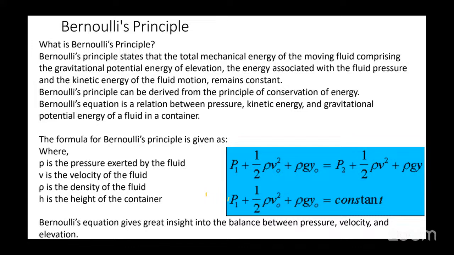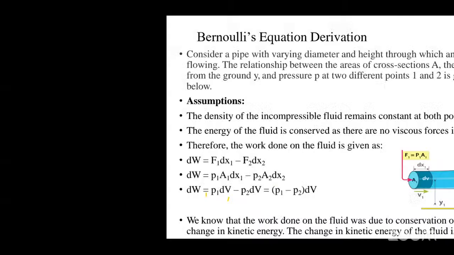Then the height of elevation of the pipe. So we have this for the entering part, and then the exit part. P2 for pressure as the fluid leaves. Then V2 for the speed at which the fluid is leaving. And then the height of elevation of the pipe from where the fluid is leaving.